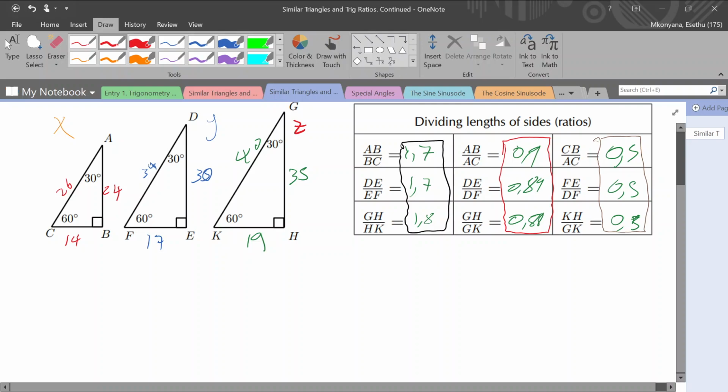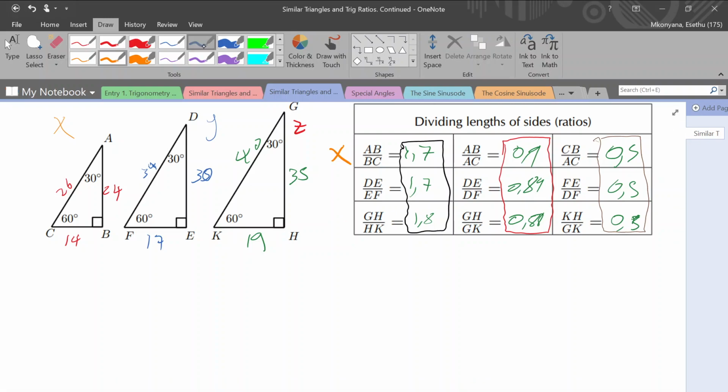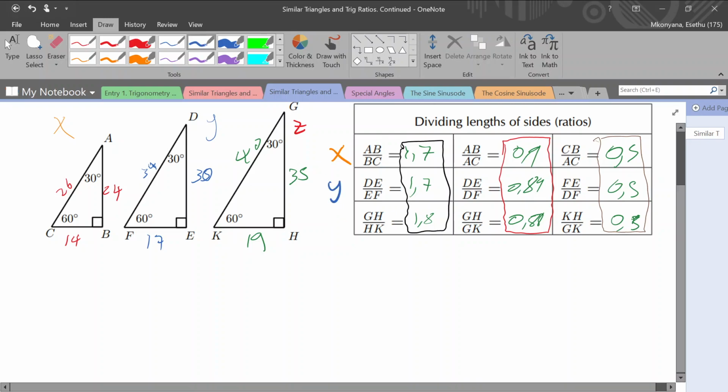So I have x, y, z triangles, and you can see here that these ratios are for x, and these ratios are for y, and these ratios are for z.